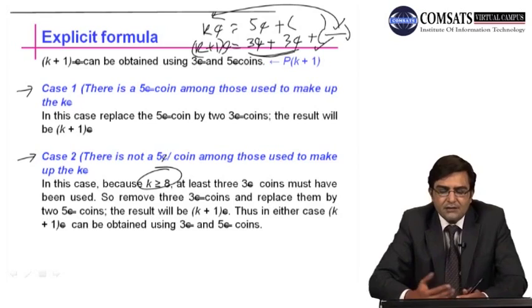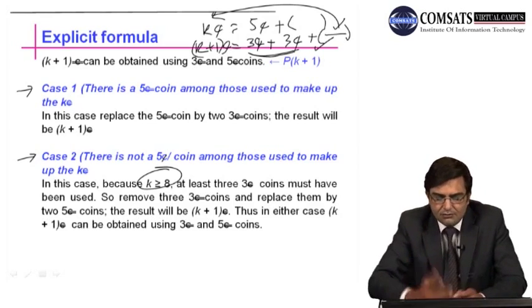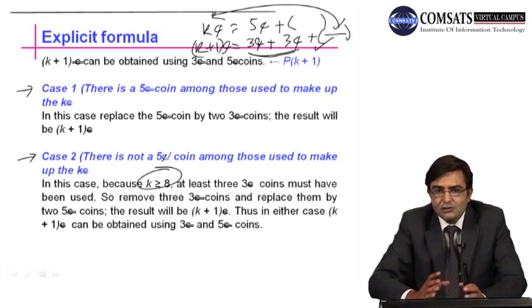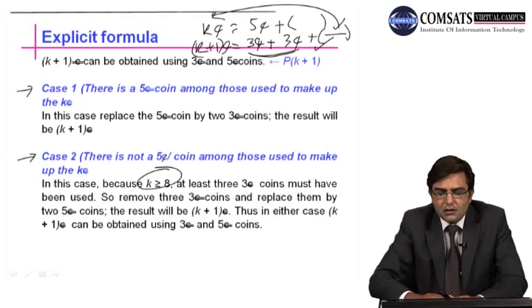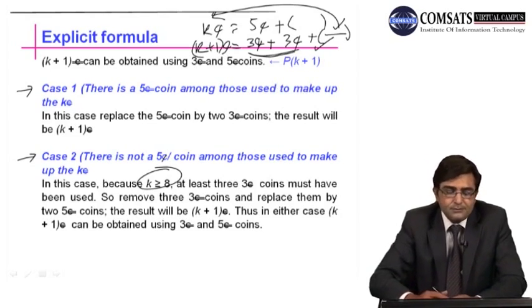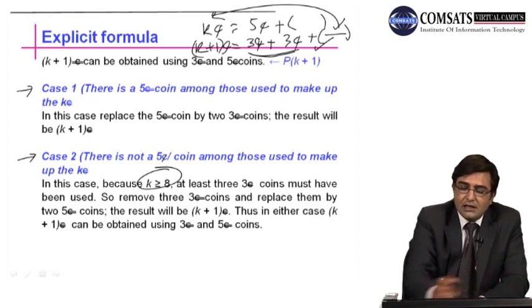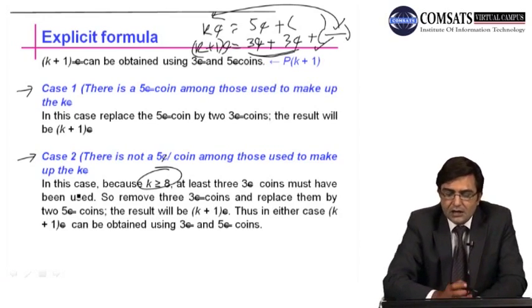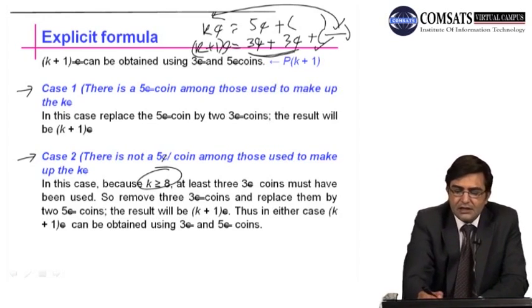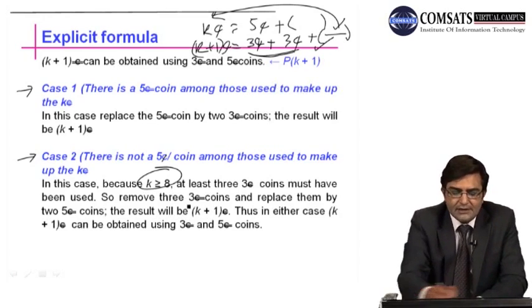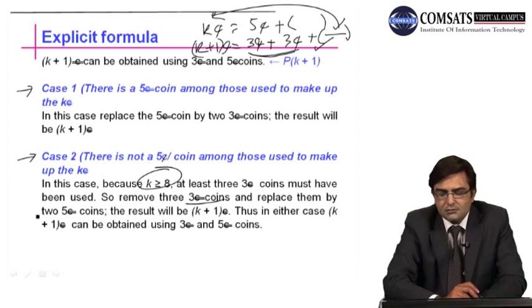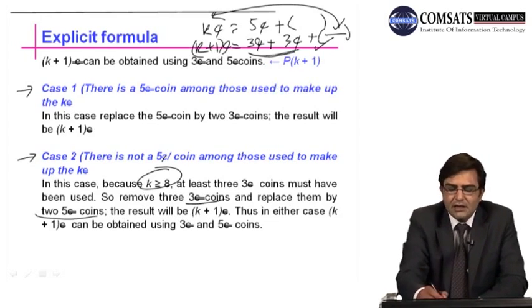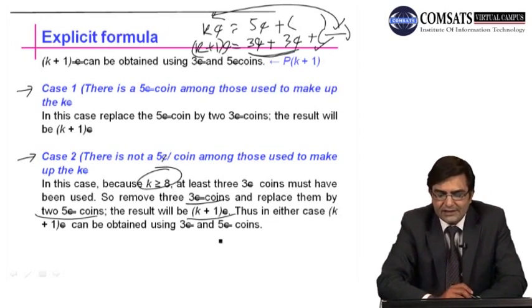It may be 9, it may be 10, it may be 12 or anything, but it is obtained only by using 3-cent coins. So there must be at least 3 coins, 3-cent coins, that have been used. If we remove 3 of the 3-cent coins and replace them by 2 5-cent coins, the result will be k plus 1 cents.